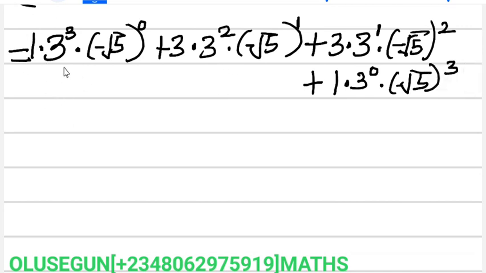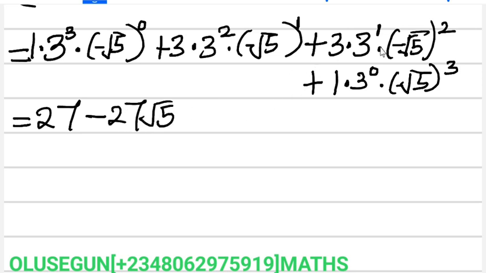So this one will give you 27. That's the first thing that will happen, because this is raised to power 0, by the law of indices it turns to 1. So 1 times 1, making 27. Now this is minus root 5 times 9, which is 27 minus 27 root 5. Now this root 5 squared will give you 5, so 5 times 9 will give you 45. So plus 45.